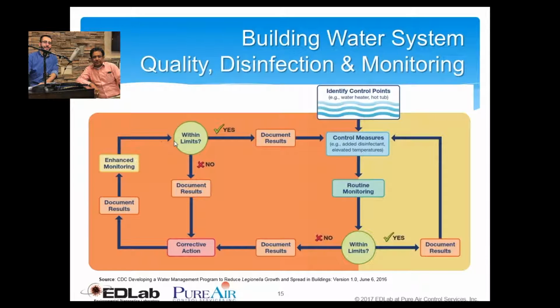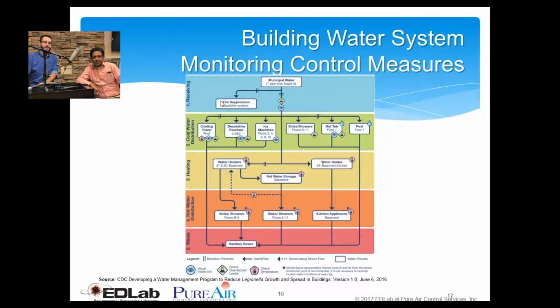If you meet the criteria, then life is good, and you can just maintain the documentation. If not, then you have to follow this loop in order to address it appropriately, so that this cycle keeps continuing. So that is about the monitoring and disinfection of Legionella in a building water system.